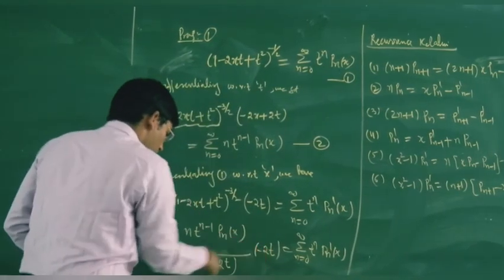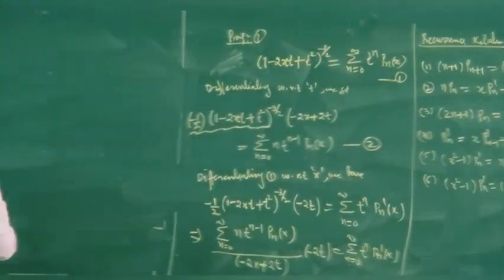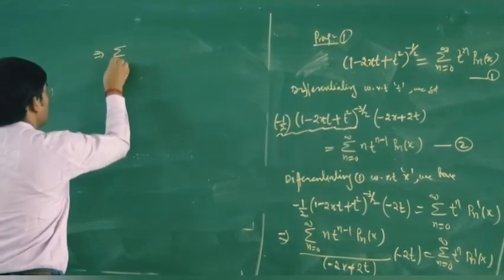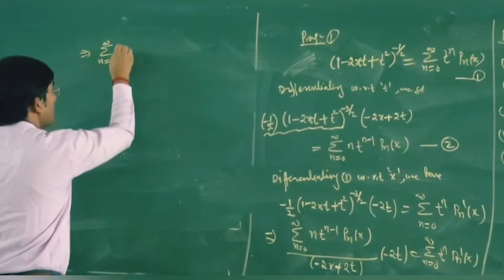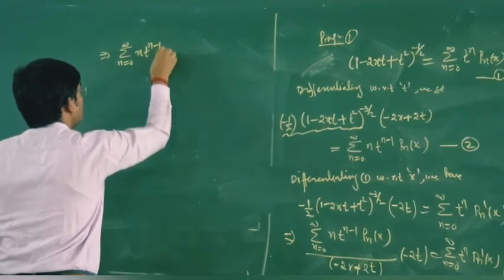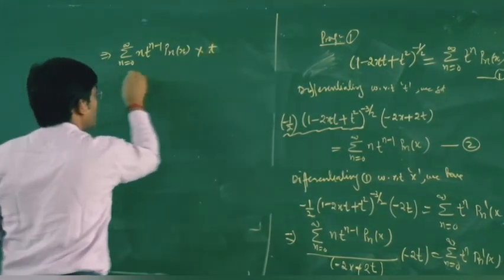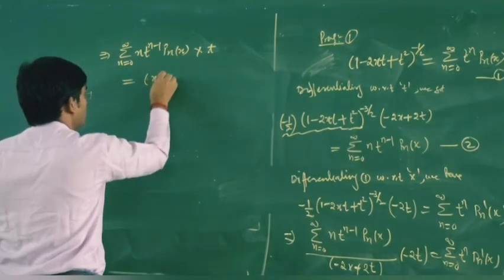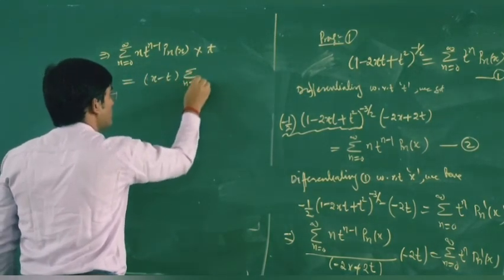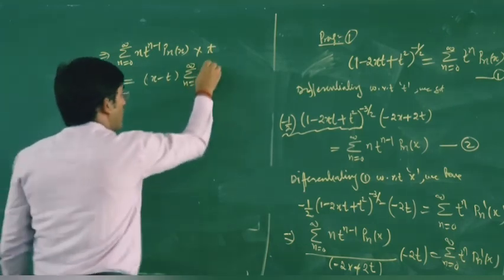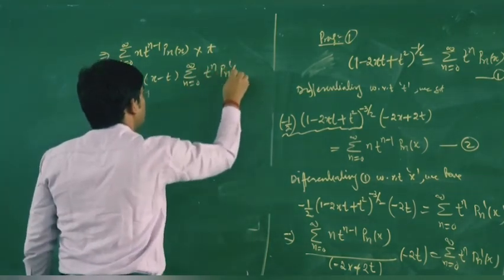Now this minus 2 will get cancelled with this minus 2, so we have summation n equal to 0 to infinity n t power n minus 1 Pn x into t equal to x minus t into the summation n equal to 0 to infinity t power n into Pn dash x.